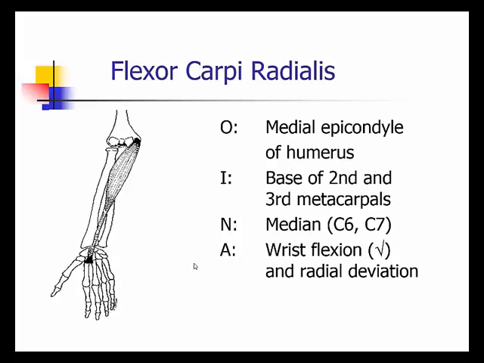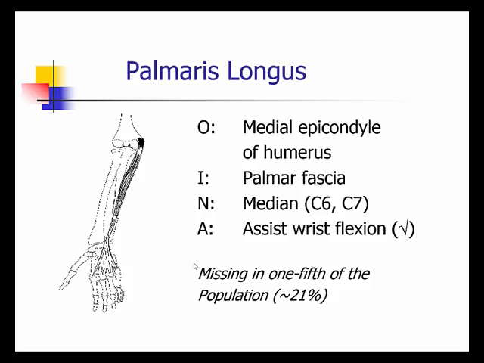There's the flexor carpi radialis, and here's the palmaris longus. Now, an interesting note is this muscle is actually missing in 1 in 5, or approximately 21%, of the population. But because of its size, being very small and thin, and really only serving as an assistant to wrist flexion, it's not a big deal, and most people don't even notice.